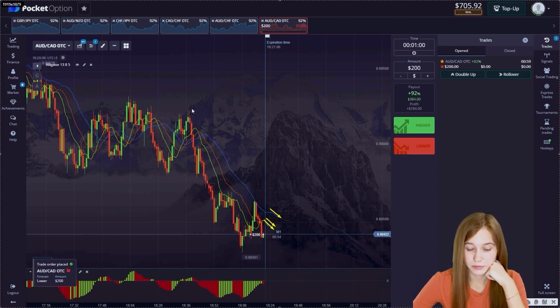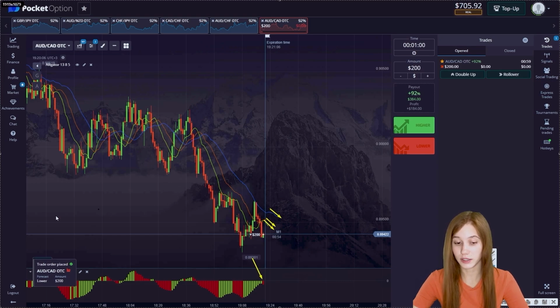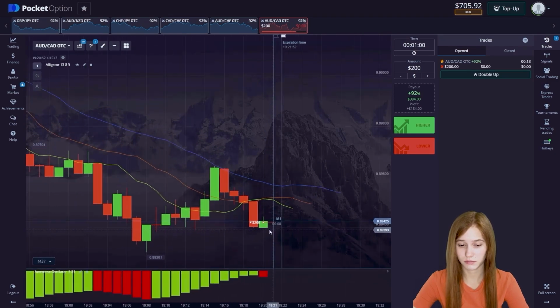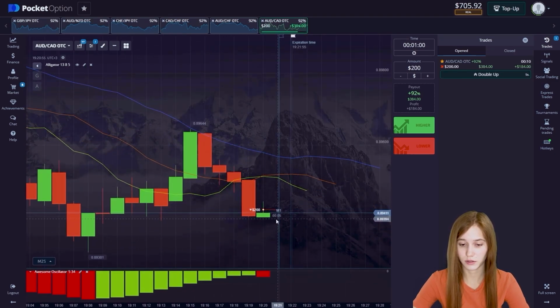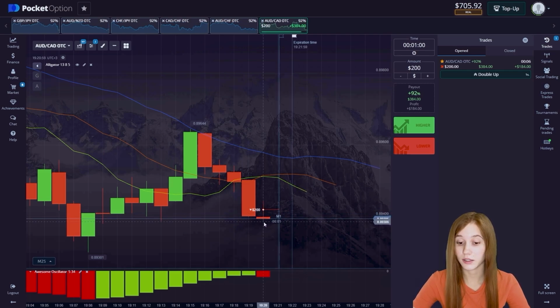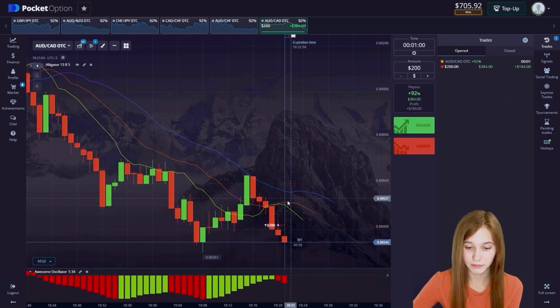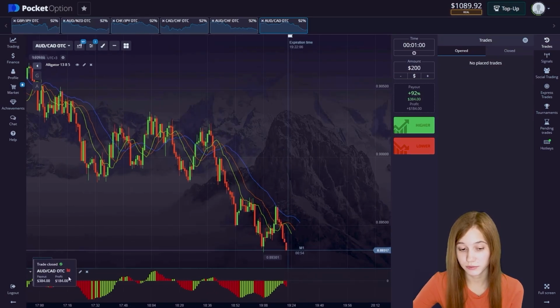By the oscillator, one red bar received, so we opened correctly. 15 seconds left until the end of our deal, and we'll see, we are holding near our opening. Yeah, good. Plus deal. And let's finish on this.